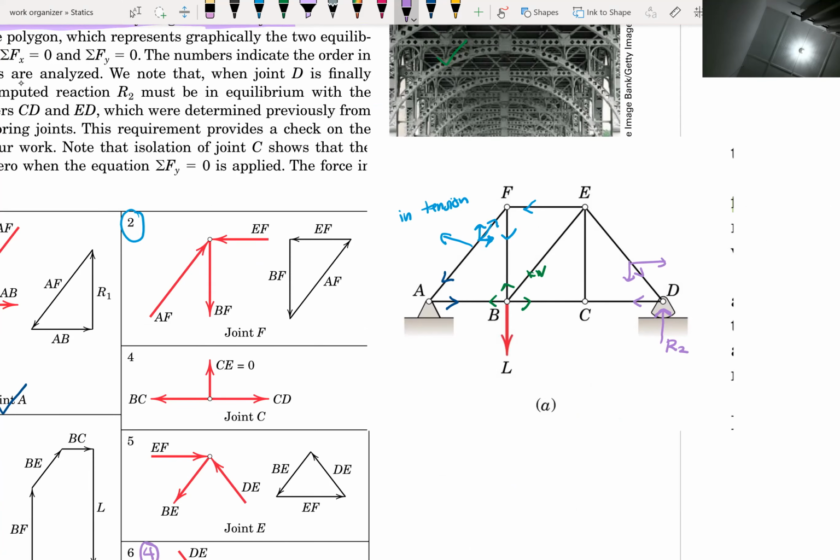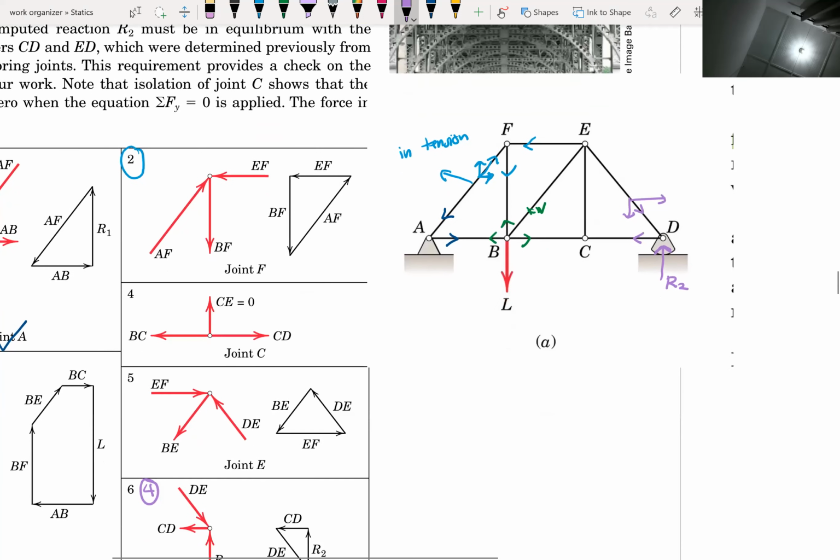Next we go for the fifth joint. I go for joint C, so this is the fifth joint.